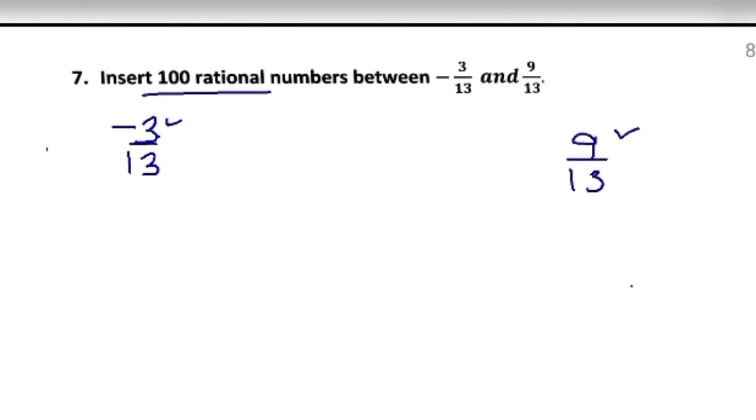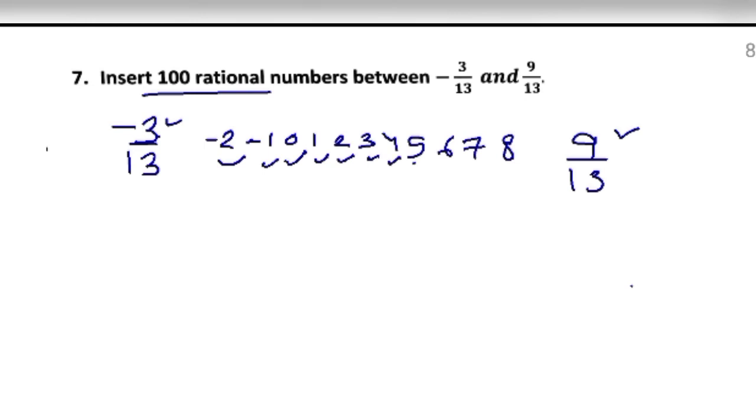How many integers are possible between minus 3 and 9? Minus 2, minus 1, 0, 1, 2, 3, 4, 5, 6, 7, 8. 1, 2, 3, 4, 5, 6, 7, 8, 9, 10, 11. Only 11 integers are possible between minus 3 and 9.